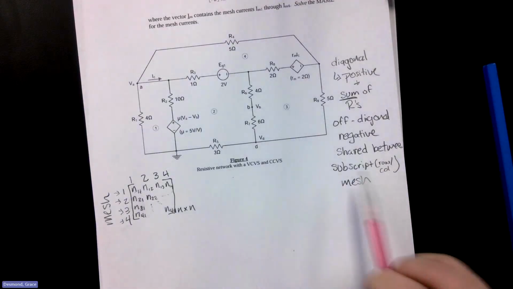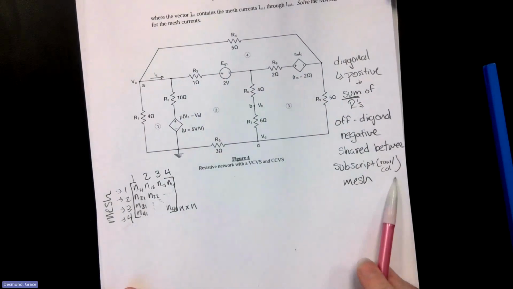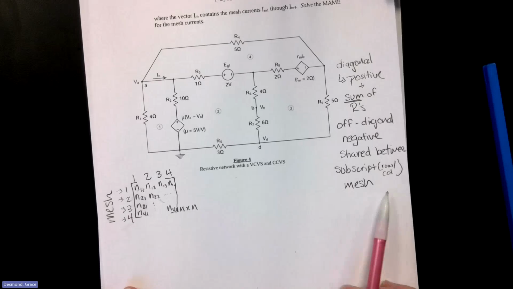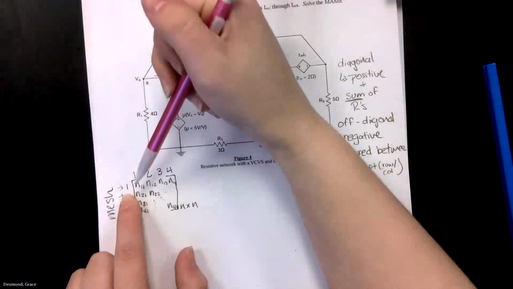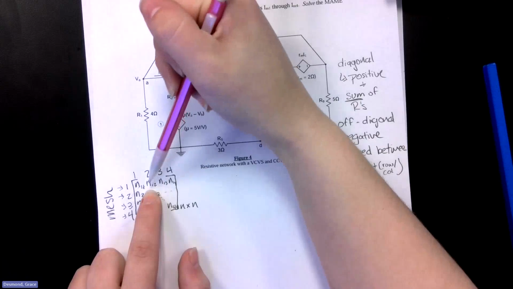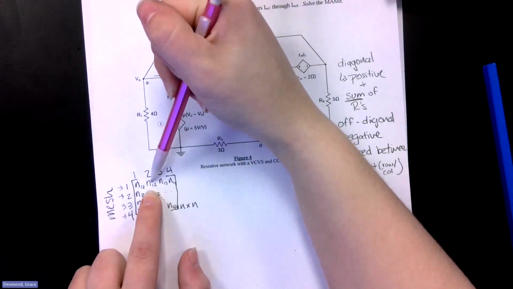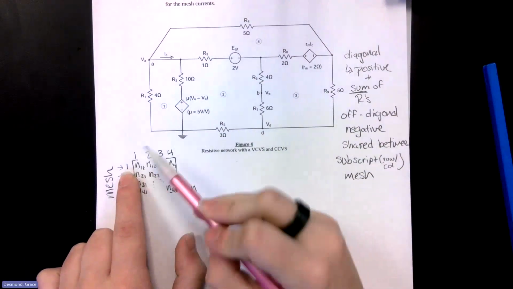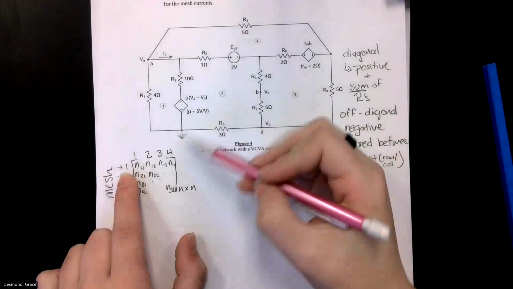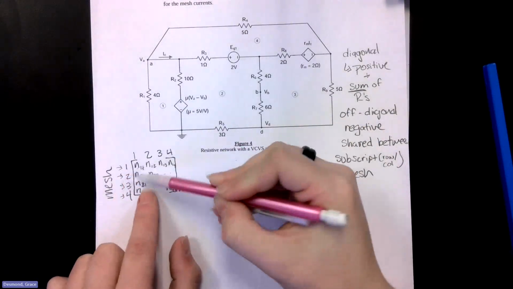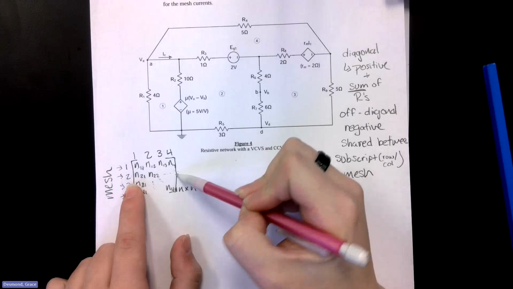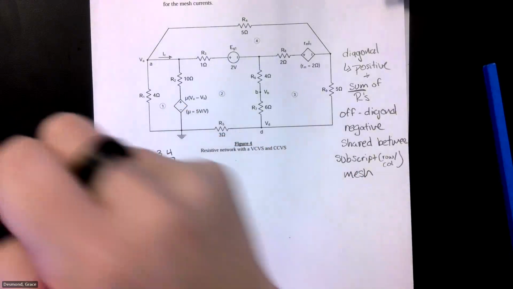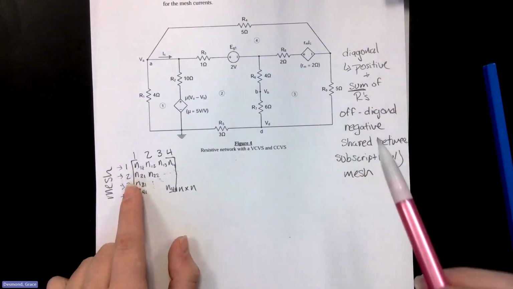What I mean by that is if you are on mesh 1, N12 is going to be what's shared between mesh 1 and mesh 2. Mesh 1 and 3. Down here, this last one would be 2 and 4. So you're going to go down all of these and just see what is shared.